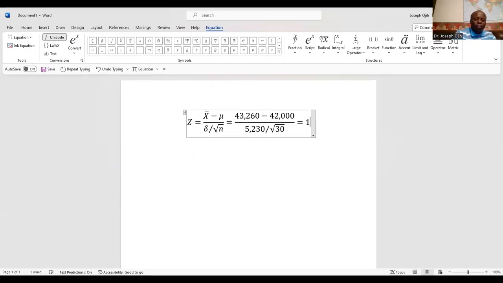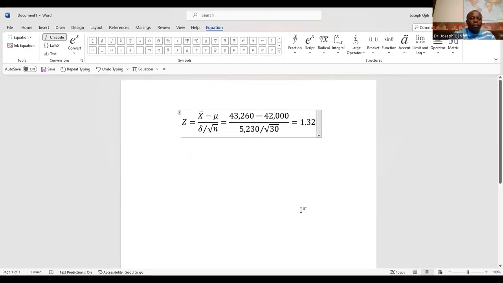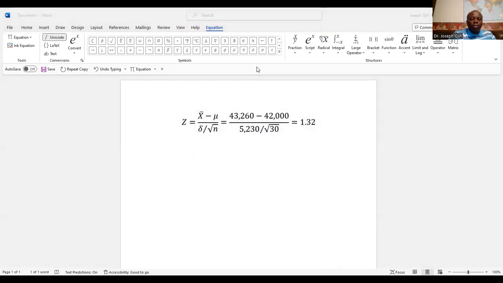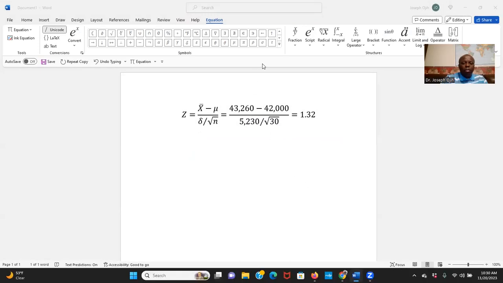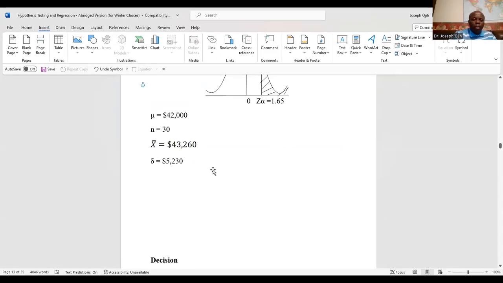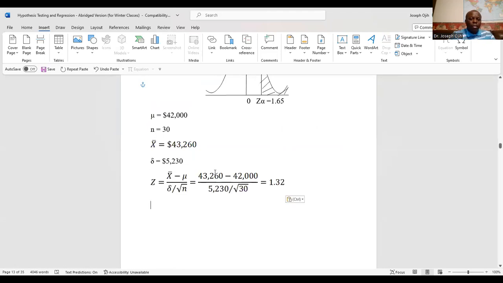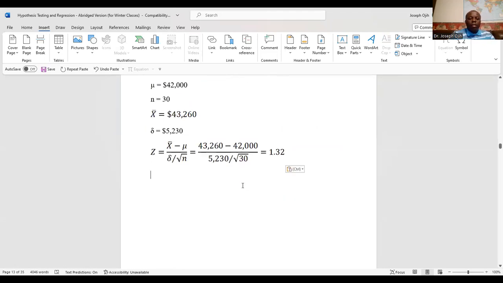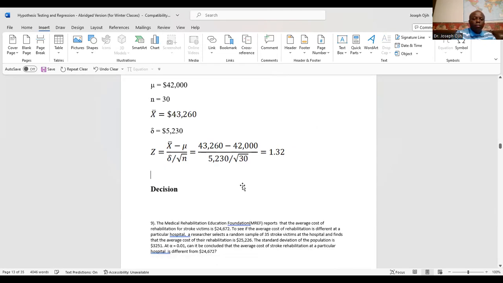I copy this and then paste it in our main workbook, right here. Paste it right down there. See? Now it's time for making the decision.